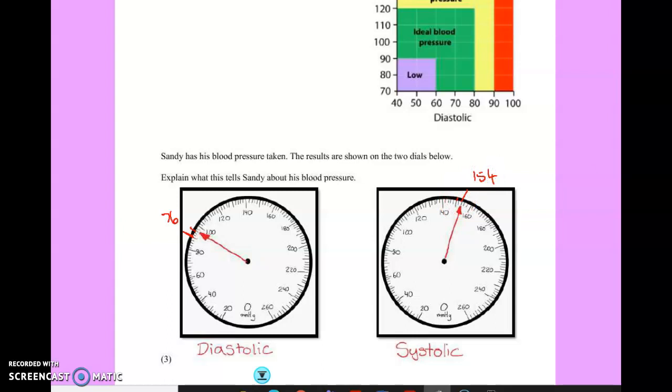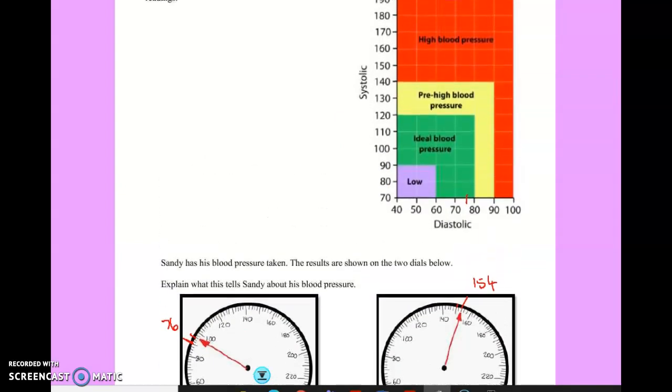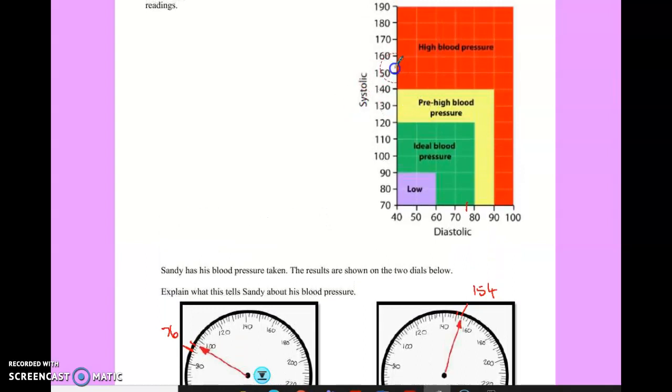So my diastolic is 76, which is about here. Systolic was 154, which is up here. So we don't actually need another one. If it's up here at 154, it's definitely up in high blood pressure.